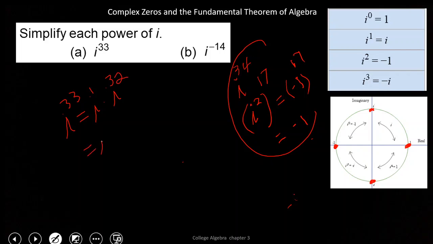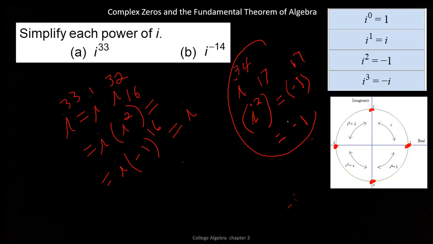I'm going to keep the i, and then make i to the 32nd as i to the 2nd to the 16th. That would be i times (-1) to the 16th. Negative 1 to the 16th is 1. 1 times i is just i. All right, so we get i.